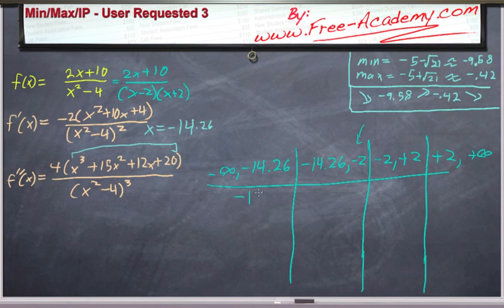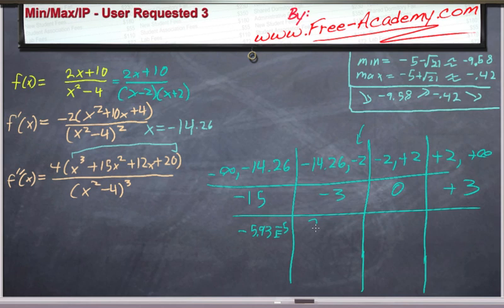Now we'll pick some test values, negative 15, negative 3, 0, and positive 3. And then you put those test values back into your second derivative, which of course I didn't do. I put them into a calculator. I got negative 5.93 times 10 to the negative 5.